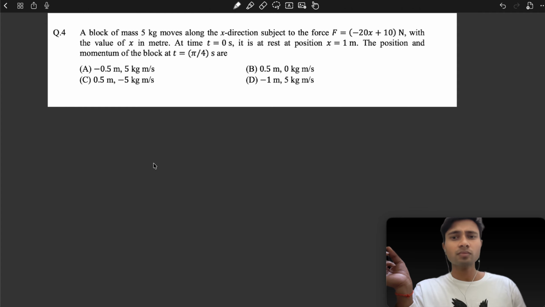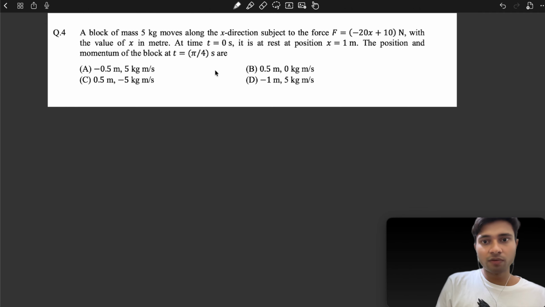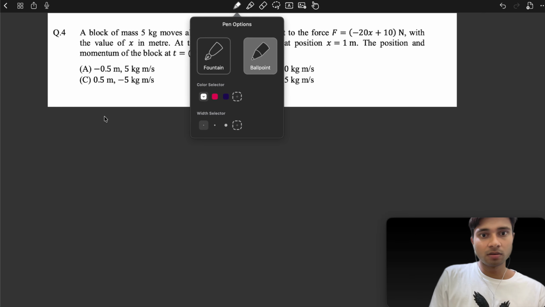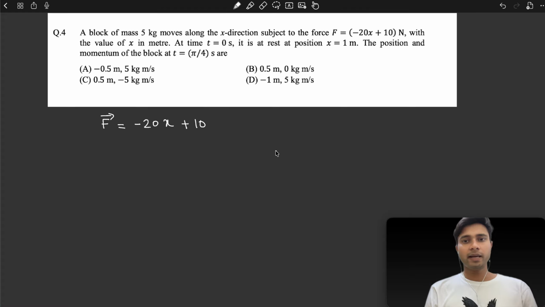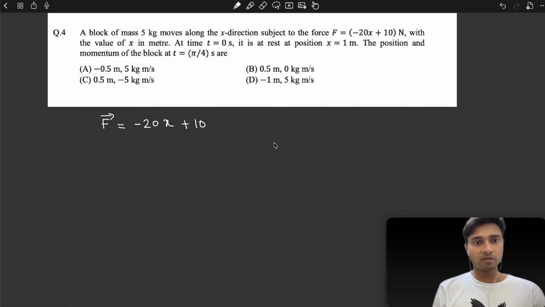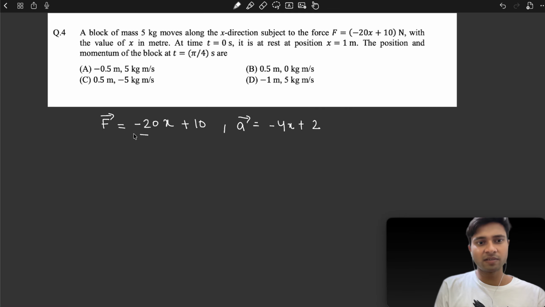Cool. So it is given that force is minus 20x plus 10, and mass is also given, so we can say acceleration is given. Basically acceleration is minus 4x plus 2; I have just divided by mass.